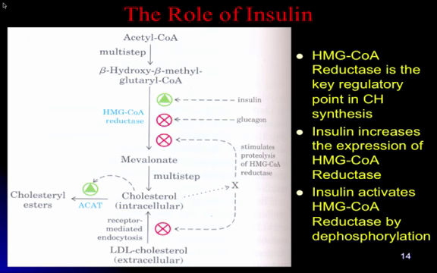Cholesterol is made from acetyl-CoA through multiple steps and then converts to this molecule, beta-hydroxy-beta-methylglutaryl-CoA, also known as HMG-CoA. So here's HMG-CoA. It's converted to mevalonate by HMG-CoA reductase.